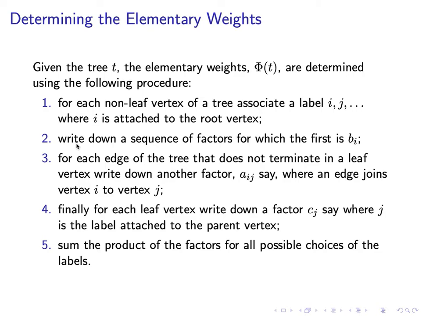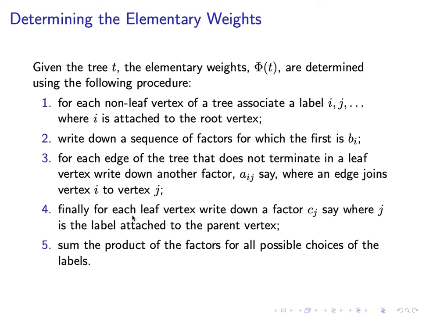The first one is always going to be b_i, because that's the root vertex. And for each edge of the tree that does not terminate in a leaf vertex, i.e. each edge which connects a parent to a child node, we write down another factor A, and the subscripts of A will be the parent subscript and the child subscript. In other words, where an edge joins vertex i to vertex j.